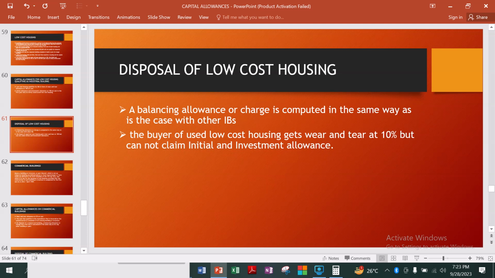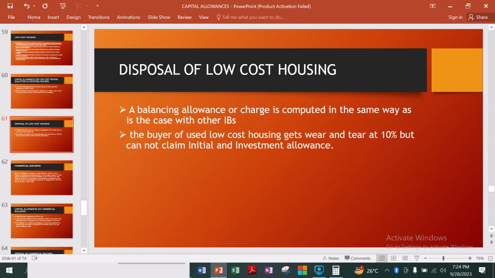We need to know what happens if you are disposing of a building. You don't claim capital allowances, but you can have a balancing allowance or balancing charge. Are we together? That's what we can say about today's presentation.